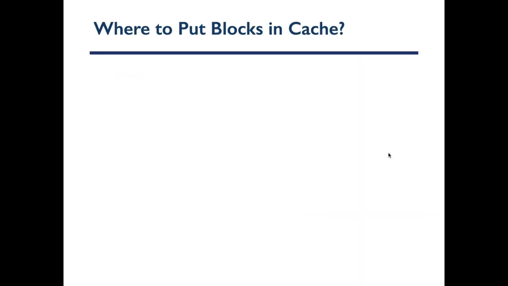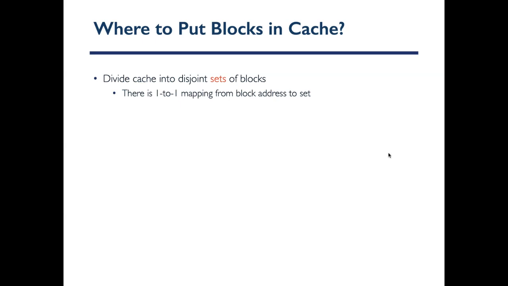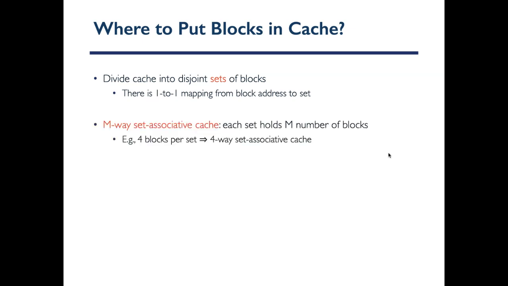So let's start with where to put blocks in cache. Usually how we address this question is by dividing our caches into sets, and then making a rule that maps each block to one set. Now, each set can have m number of blocks.